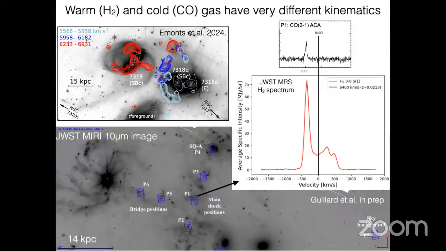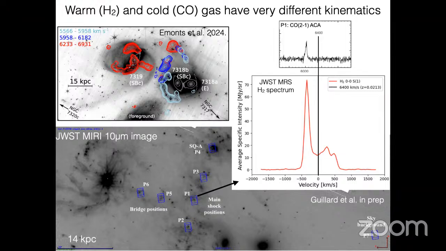And the very new result is that we've got an accepted Cycle 3 proposal with spectroscopy, and now we've got the kinematics, which look quite impressive and very different from CO. This is CO emission at the same scale in the center of the shock. You see that the CO line is 100 kilometers per second wide, centered at the systemic velocity of the galaxy that is falling into that group.